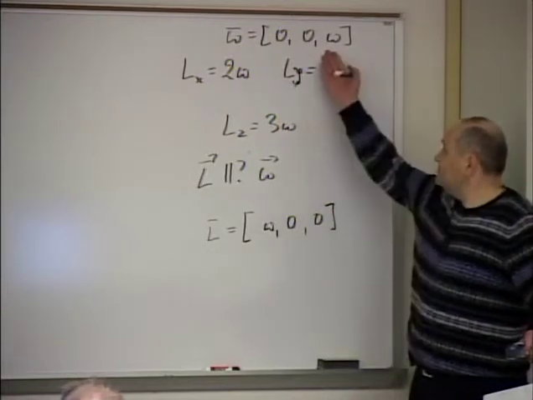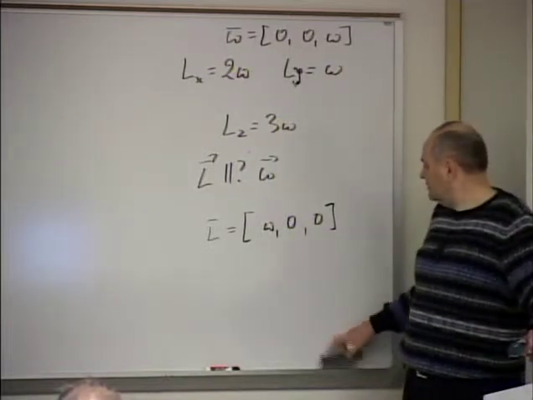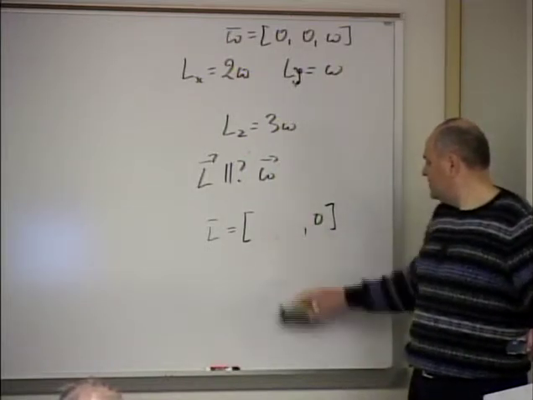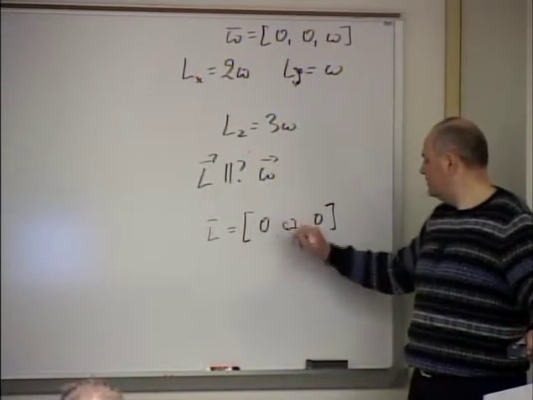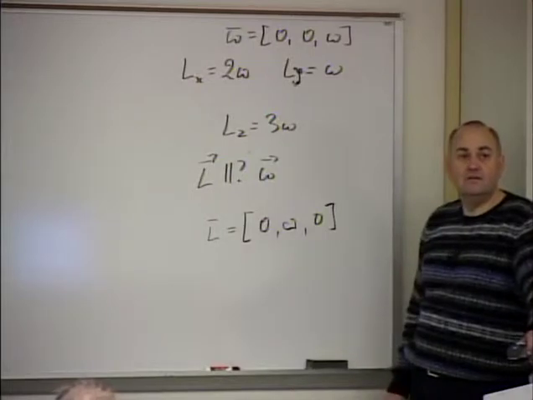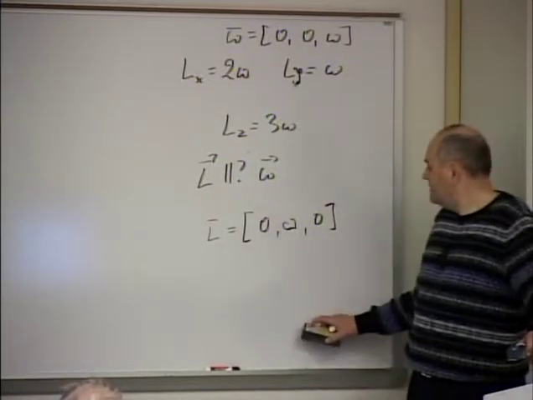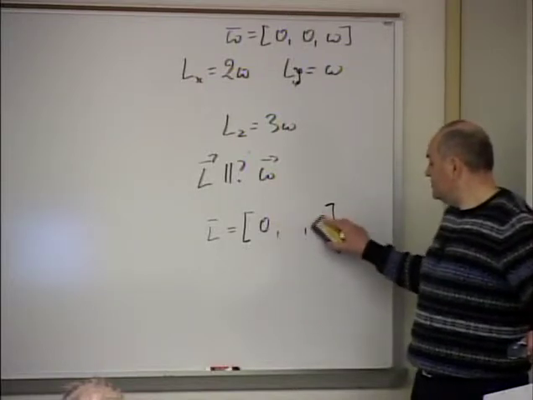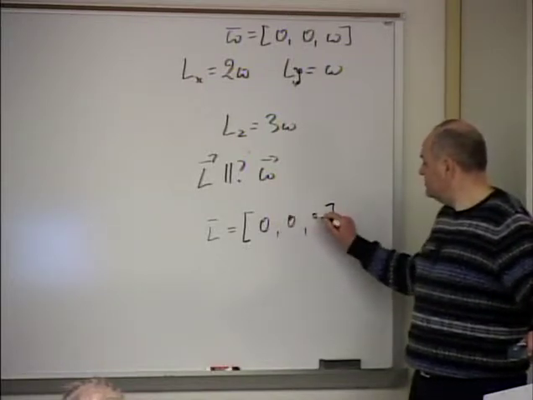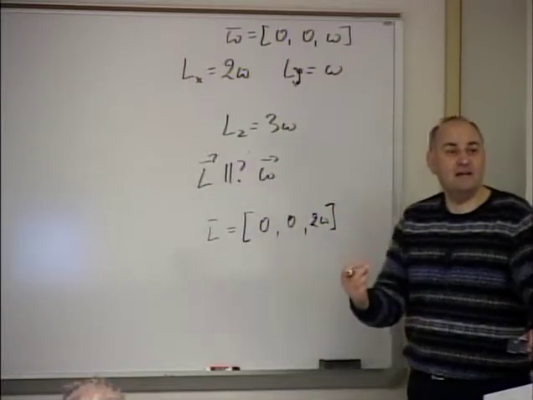No. This vector is in z direction, this vector is in x direction. Maybe this one. Are they parallel? No. Give me a parallel vector. Let's try 0, 0, 2 omega. Are these parallel? Yes, these are parallel, right?